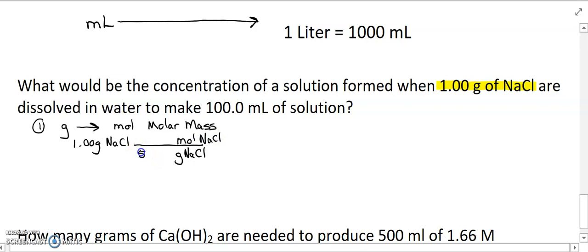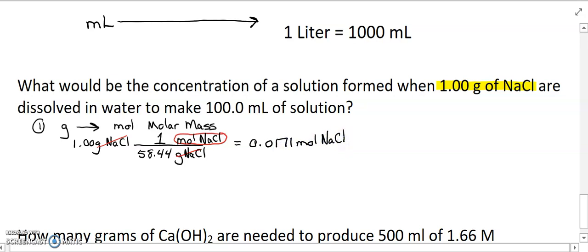And it is 58.44 grams of NaCl in 1 mole of NaCl. That, of course, will cancel out my grams and leave me with the moles that I need for my molarity problem. So when I punch those numbers into a calculator, I am going to come out with 0.0171 moles of NaCl.